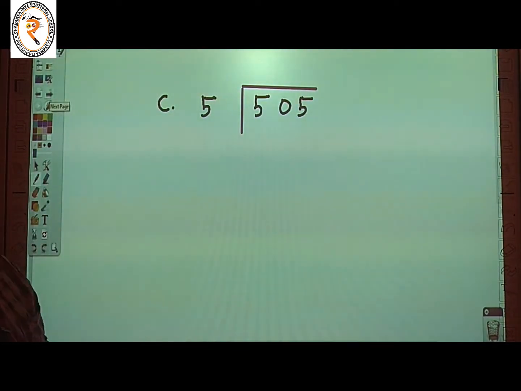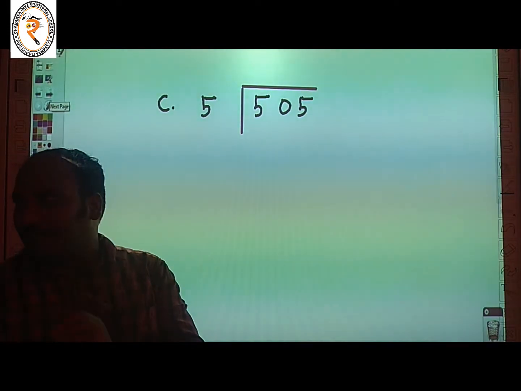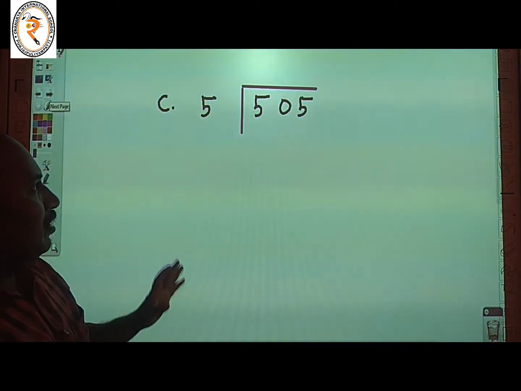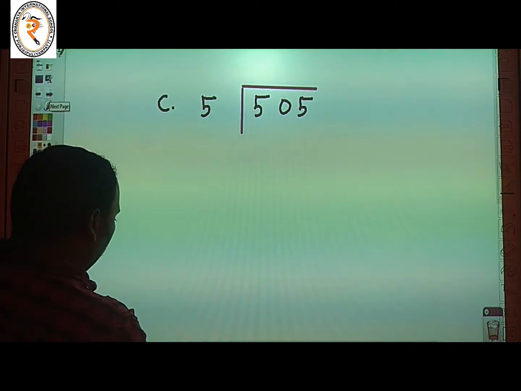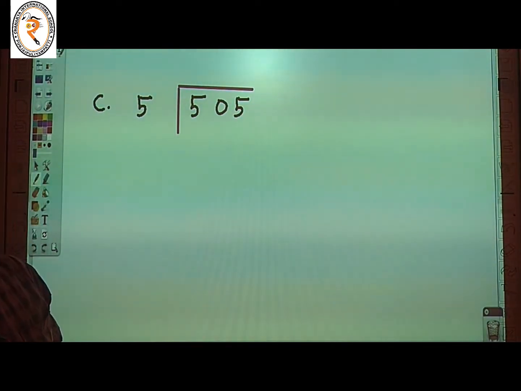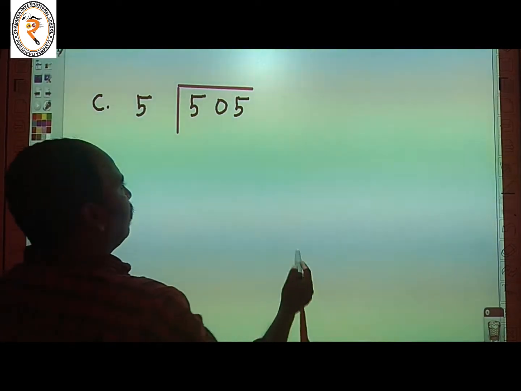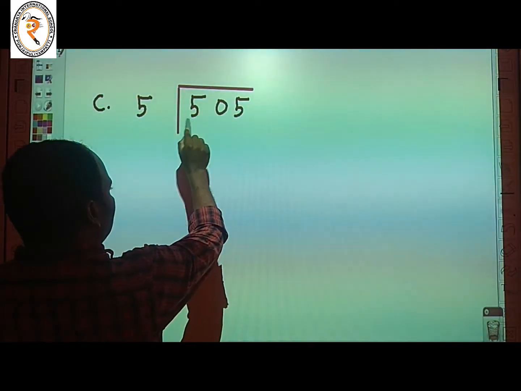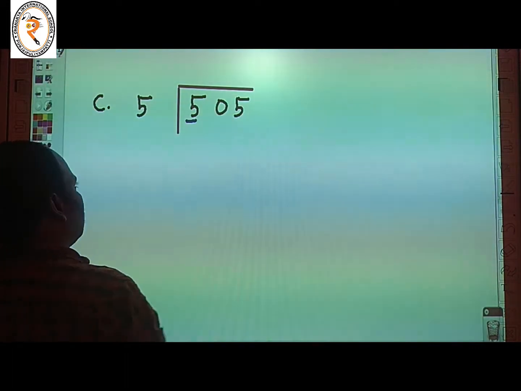Next, C part, 505 divided by 5. Here the dividend part is 505 and the divisor part is 5. Ones, tens, hundreds. First we take the hundreds place.